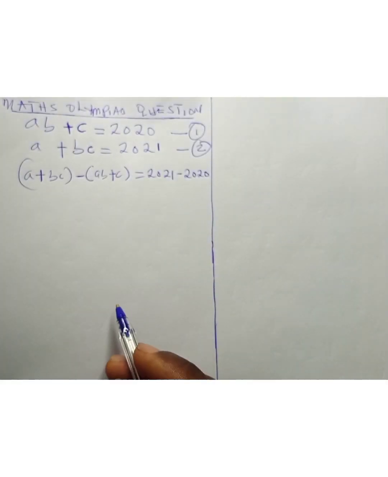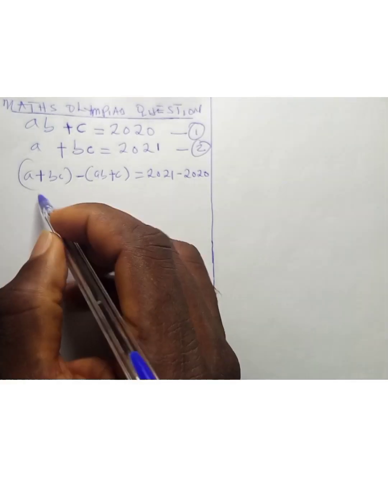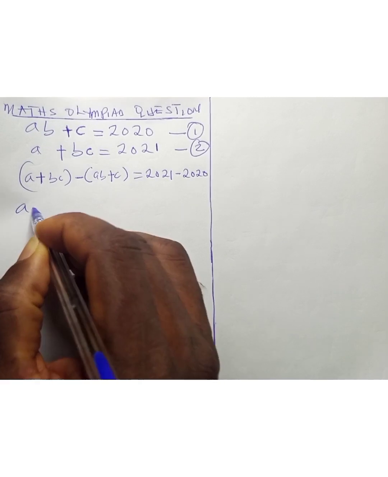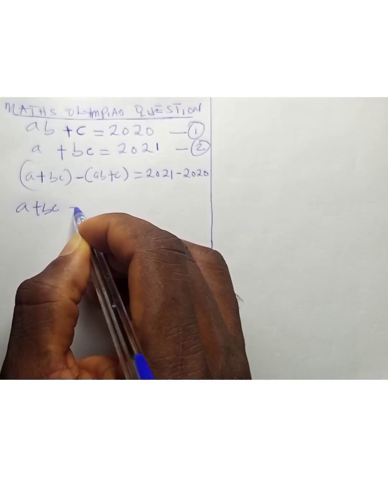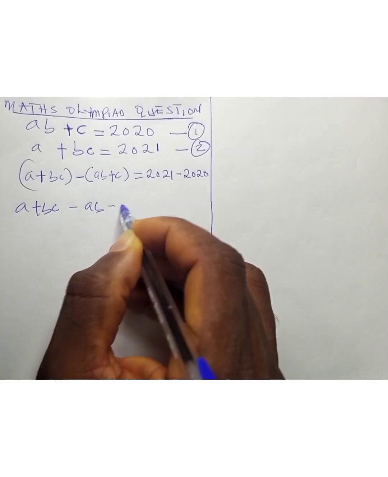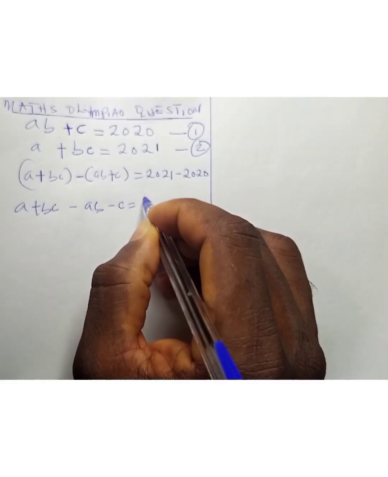That is what we have. So if we subtract this, we are going to have A plus BC minus AB minus C equals 1.